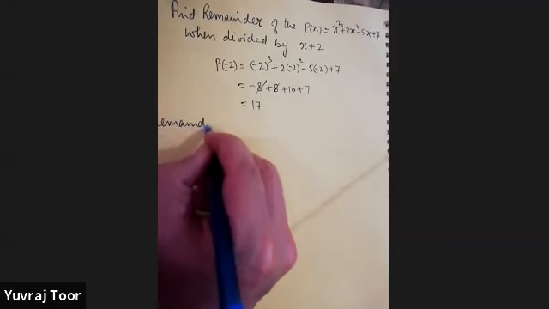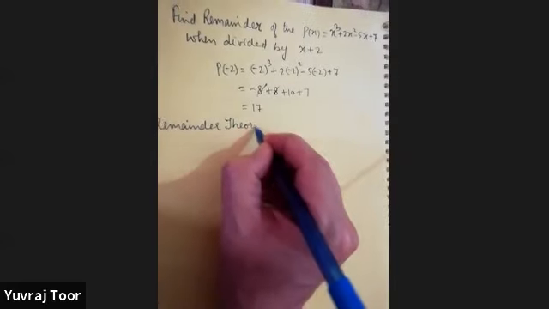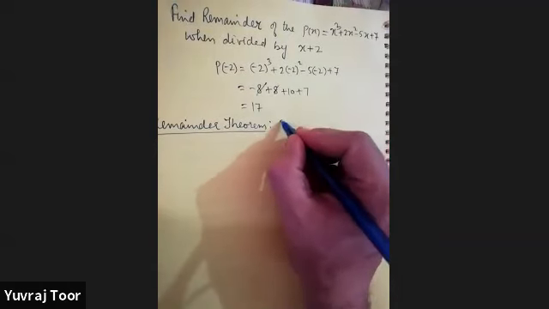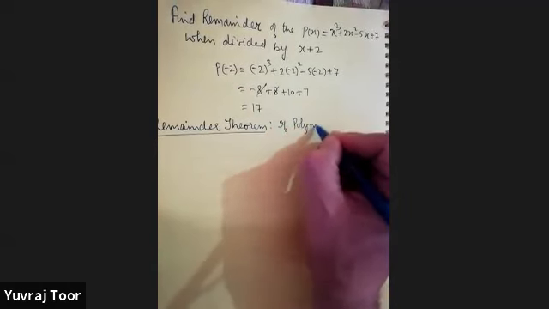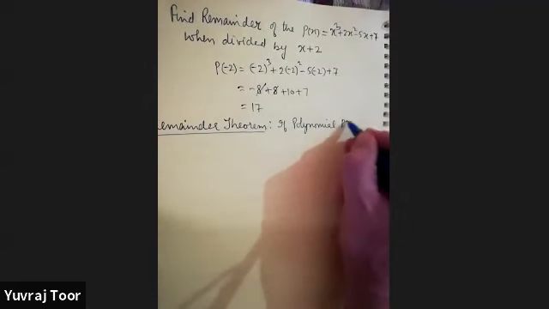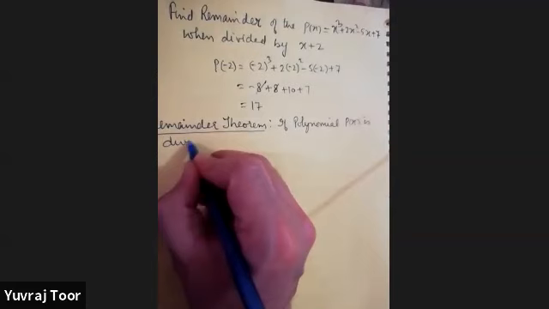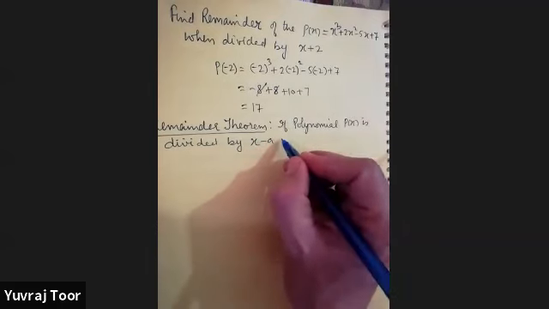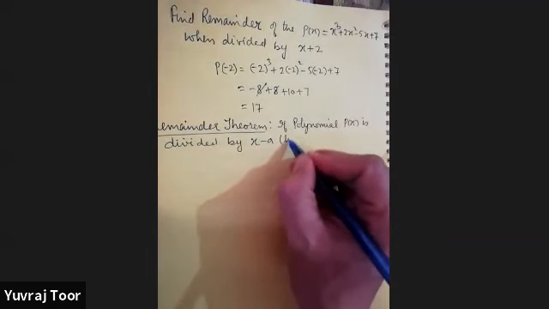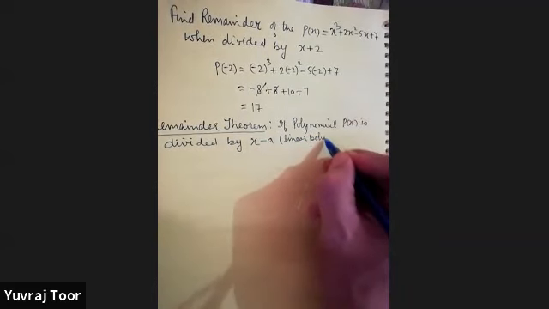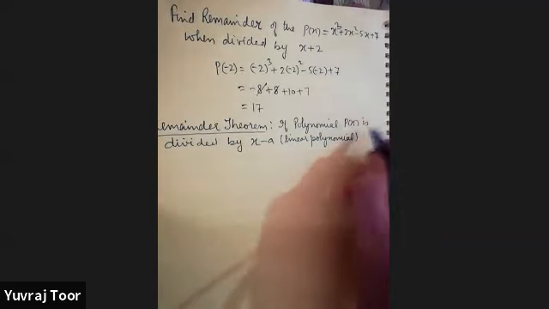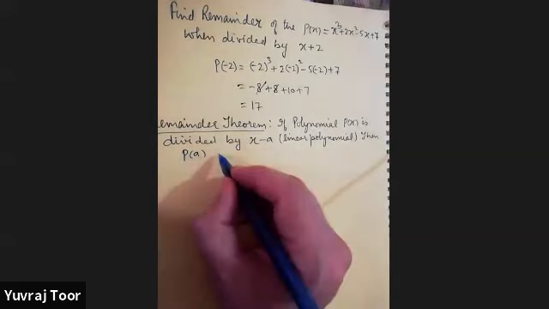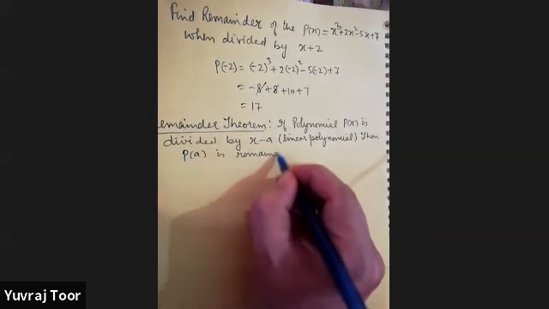Remainder theorem. So what this theorem says: if a polynomial p(x) is divided by x minus a, then p(a) is the remainder.